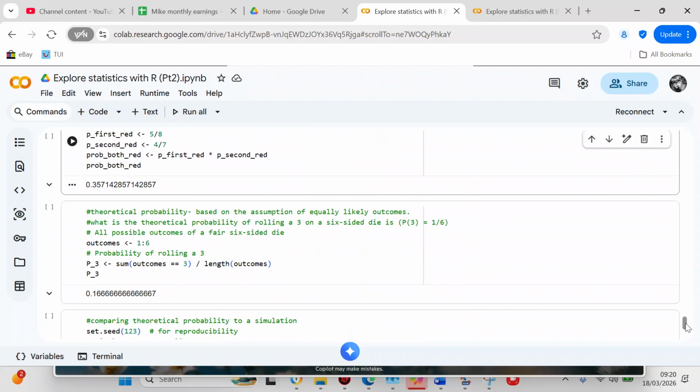You have all possible outcomes of a fair 6-sided die, so outcomes becomes 1 to 6. And the probability of rolling a 3, P3, becomes sum(outcomes == 3) divided by length(outcomes), which is 6. So it's 1 divided by 6, or 0.167.